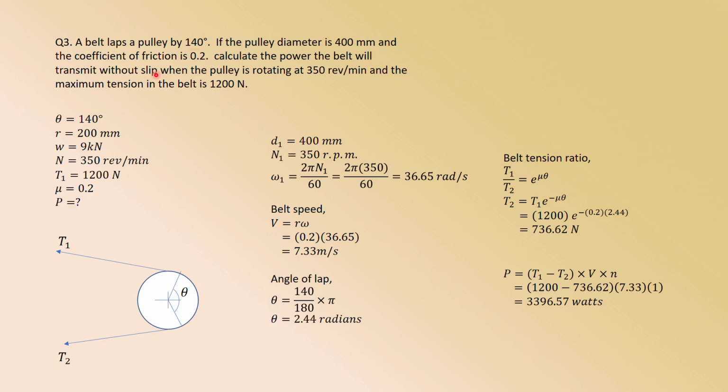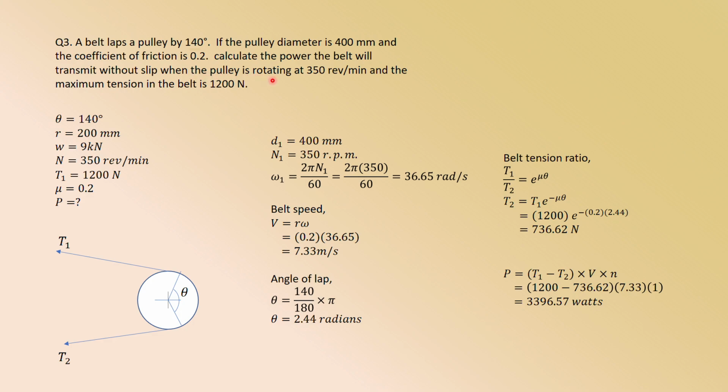This is about slippage. To reduce slippage, we can use a greater angle of wrap or angle of lap, or you can use either a V belt or a circular belt with a grooved pulley, so the slippage will be greatly reduced.